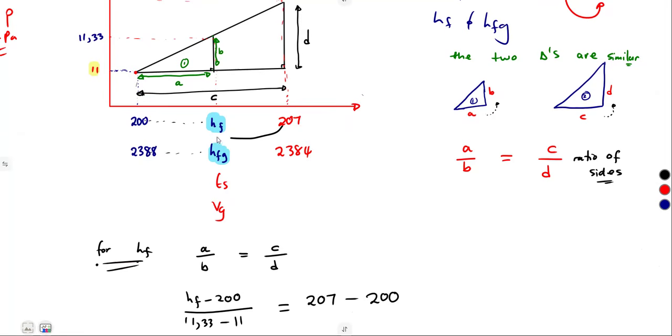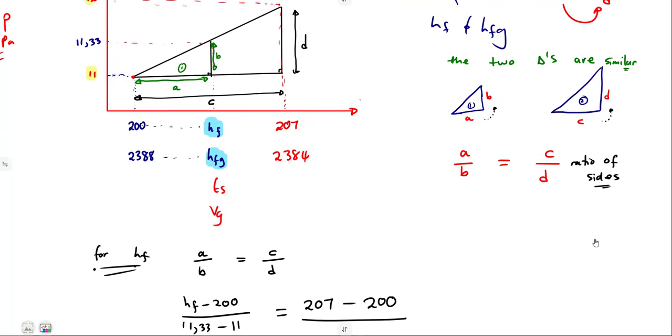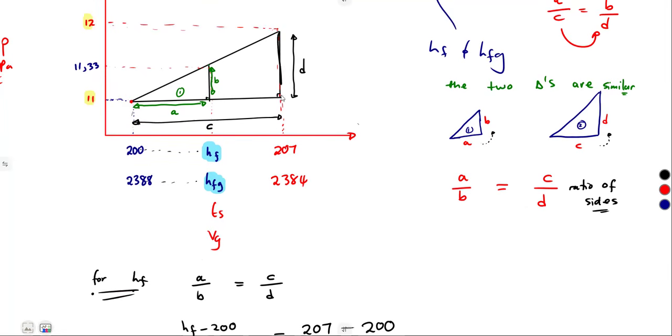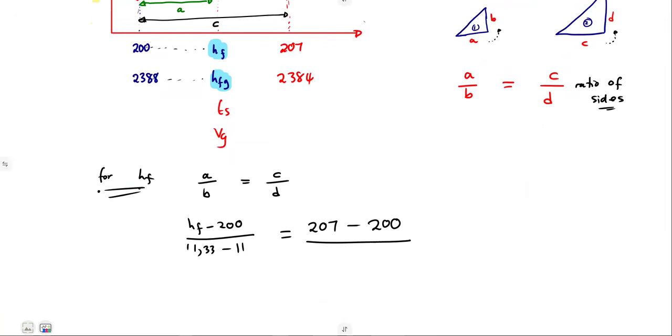We are focusing on where HF is in this line, HF over D. If we check properly, our D from our diagram is the difference in the pressures now. 12 and 11, the difference between these two. So that's 12, the maximum there, minus 11, the minimum. The difference on the pressures, that's our D. 12 minus 11.